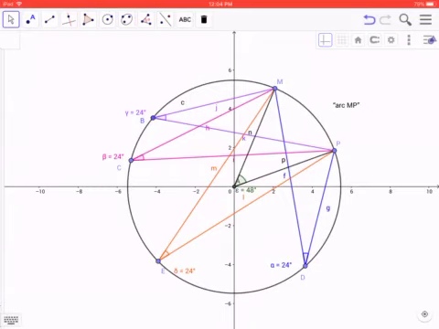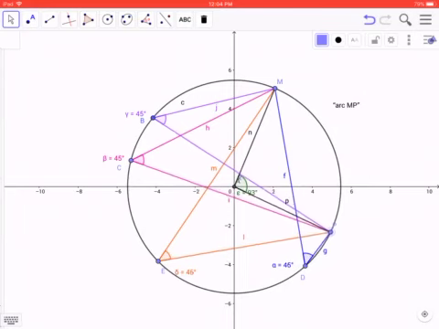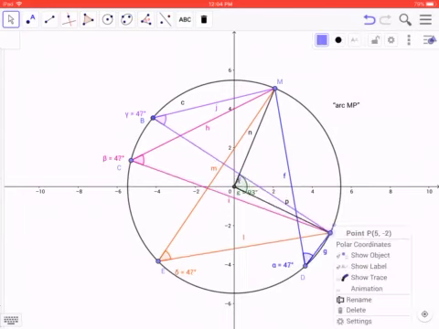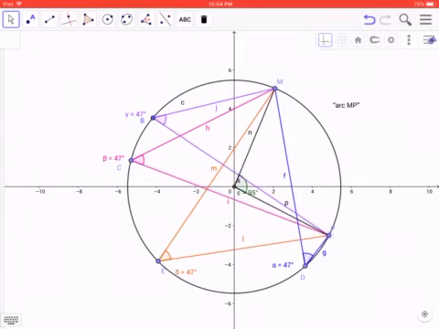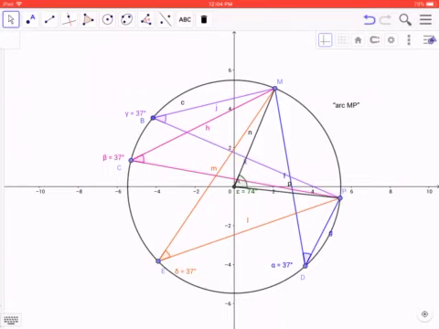Let's try to move one of these points around and see what happens. I'm going to move point P down here, and I want to keep it an even number. How about right there, 74 degrees. What's half of 74? Yeah, it's 37.